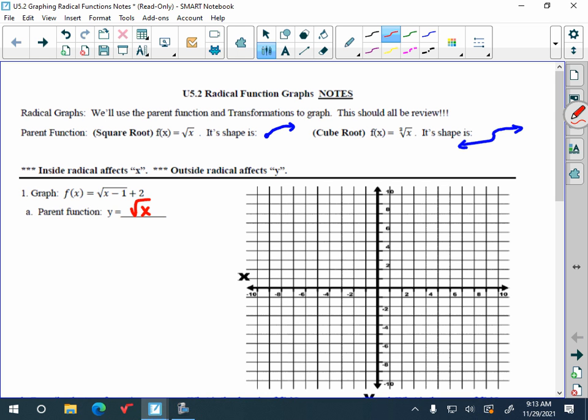And so we can make an xy table. We want to pick some x values that we can plug in underneath the square root and take the square root of that number.